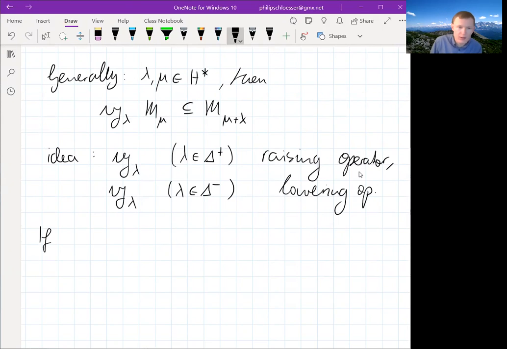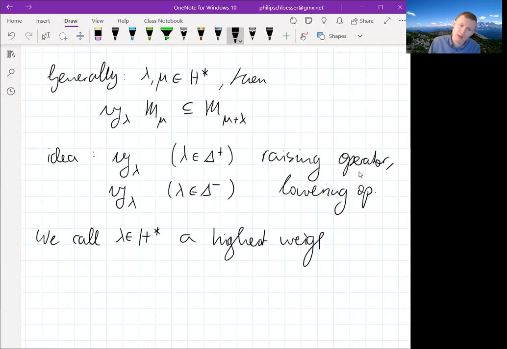And if M is a UG module, we call some weight lambda the highest weight of M if for all larger weights the weight space is 0.